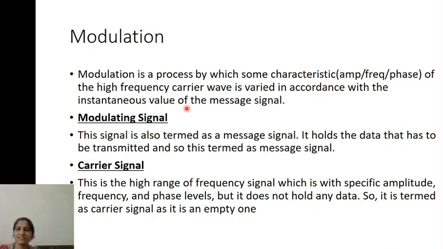That means there will be one carrier signal and one modulating signal. The modulating signal has the information which you need to transfer. That signal is superimposed with the carrier signal so that you get the modulated signal. The complete process is modulation.